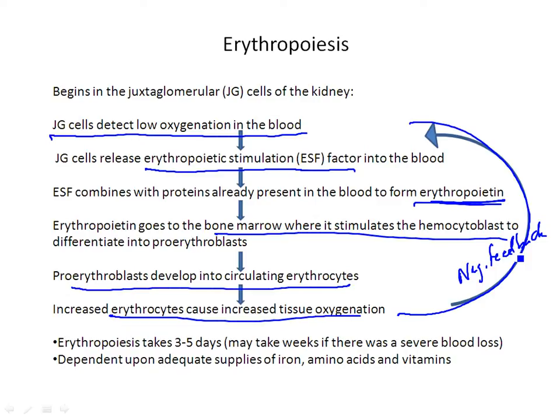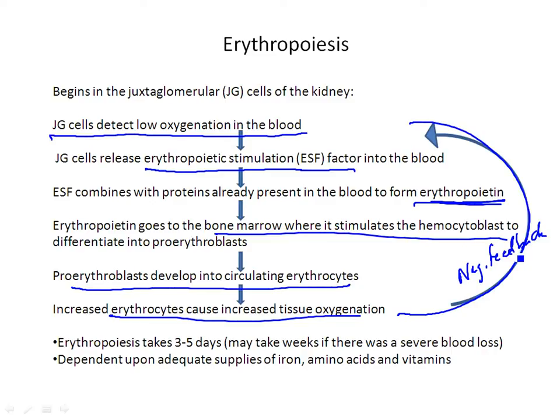So when I go to the mountains, it's going to take me 3 to 5 days to basically get to where I need to be breathing normally and getting oxygen perfusing my tissues normally. That's going to be about the time I'm getting ready to leave. I'm only staying a week, so about the time I get acclimated to the mountains and that higher altitude, I'm going to have all this red blood cell production going on, and then I'm going to leave and go back to sea level and not even need it.